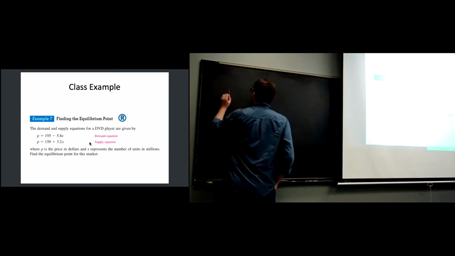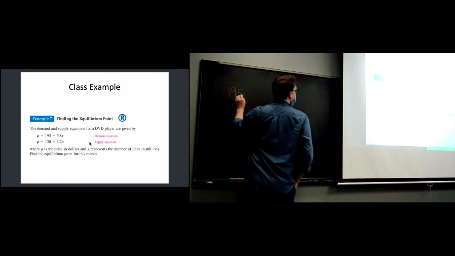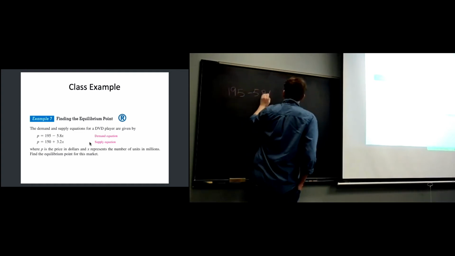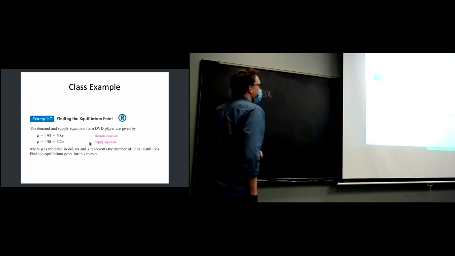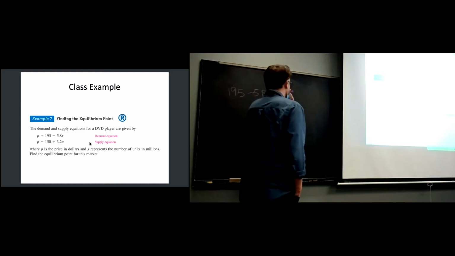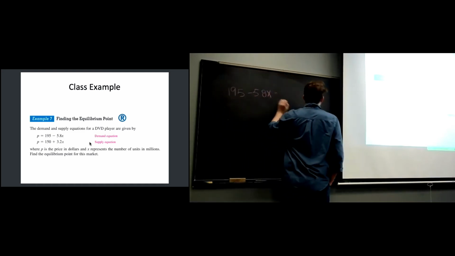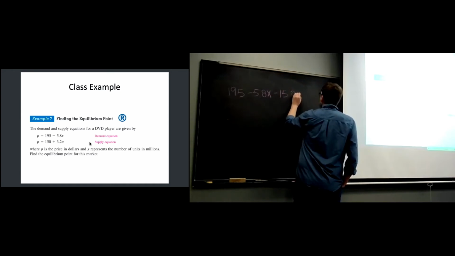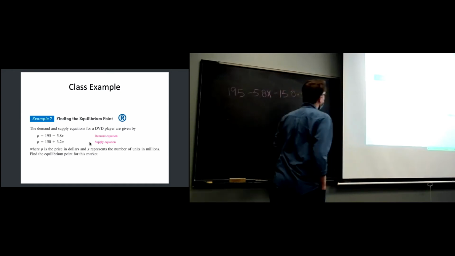Let's say I got 195 minus 5.8 times x is equal to, so that's our demand equation, is equal to our supply equation, 150 plus 3.2x.